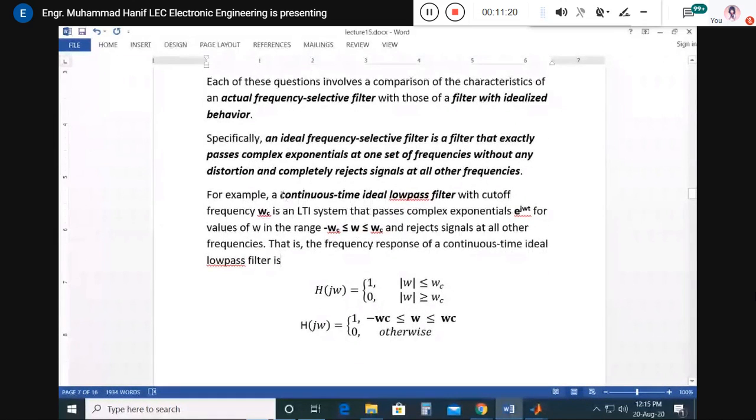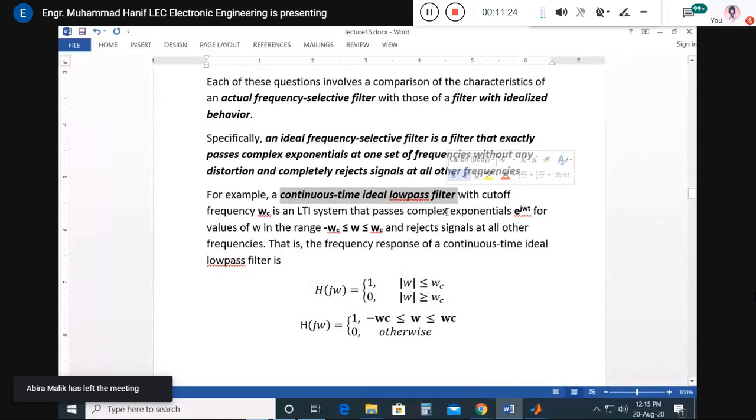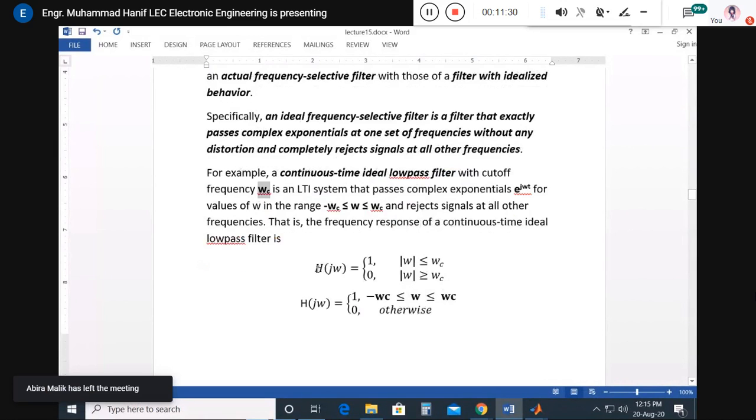So the first is a continuous time ideal low pass filter with a cutoff frequency omega c. So here we say omega c represents the cutoff frequency.